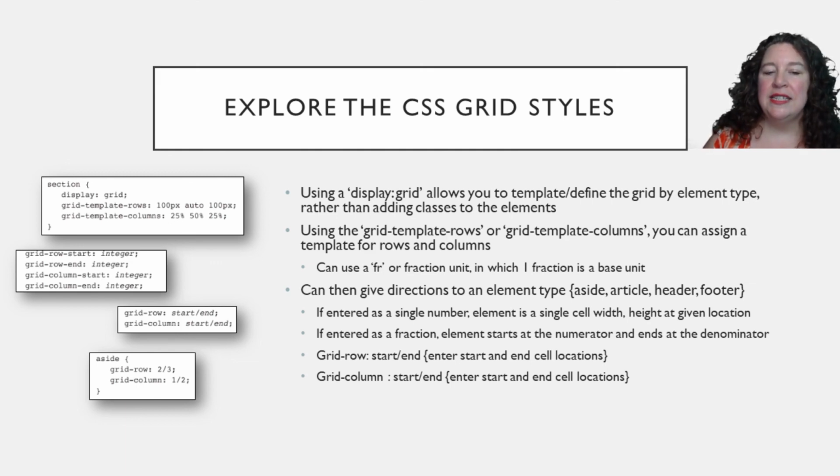You can then set each one of the individual elements to be a specific grid row or grid column. Therefore, when you write your elements in HTML, you would just give them an element ID or an element type or a class. And then you can set those using your CSS rules as to how many columns you want it to be. Do you want it to span over 2 or 3 columns? Where do you want it to start and end? So on and so forth.